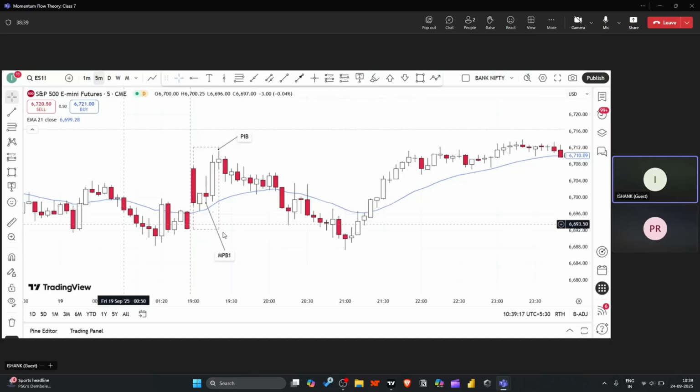So here there is MPB1, so there will be two breakouts, right? The first breakout, although it was an insignificant trend bar, is still a breakout. Then we got a second breakout. We have to compare the symmetry visually. Is breakout leg 1 similar to breakout leg 2? It's not. It's very small when compared to the range of breakout leg 2. So I will call this an unsymmetric MPB.